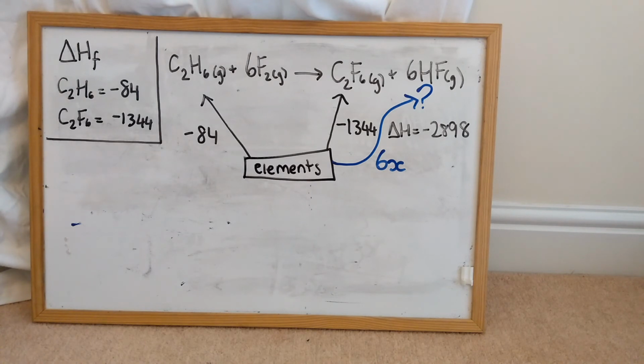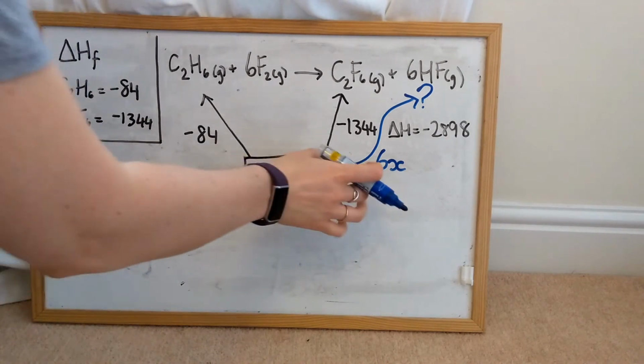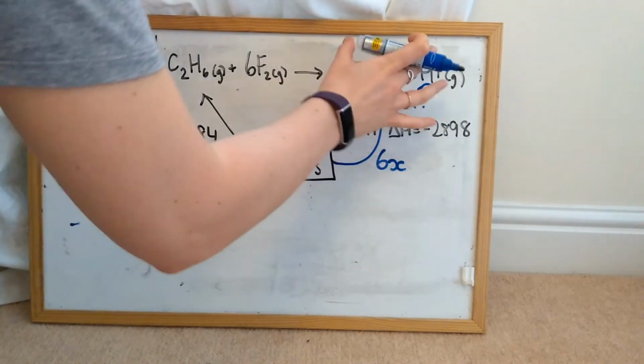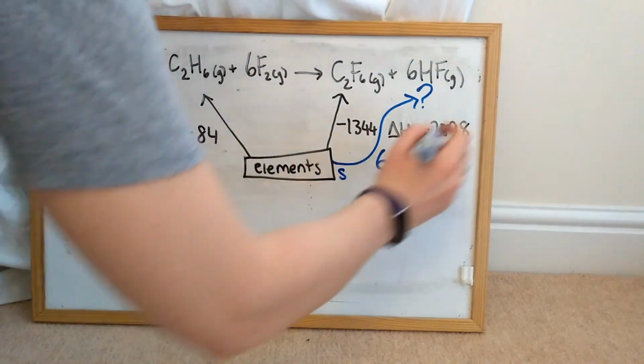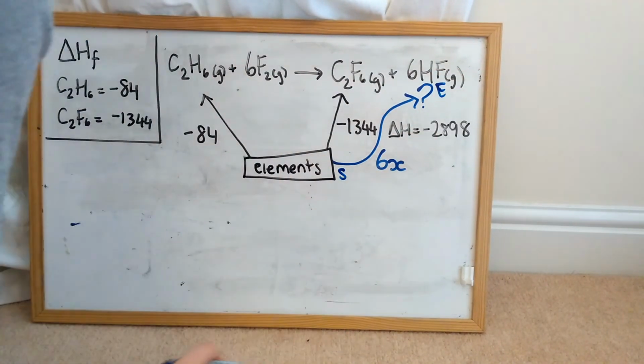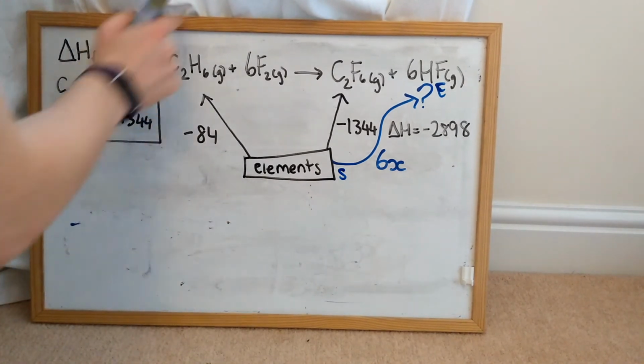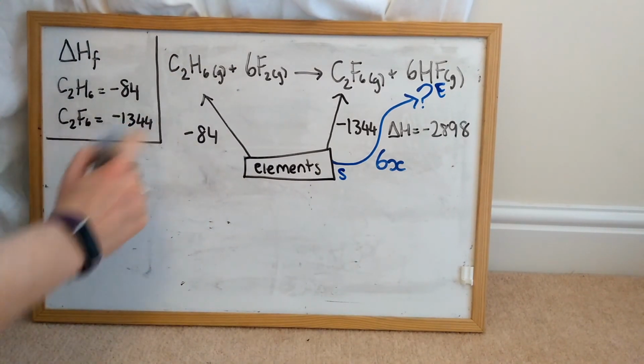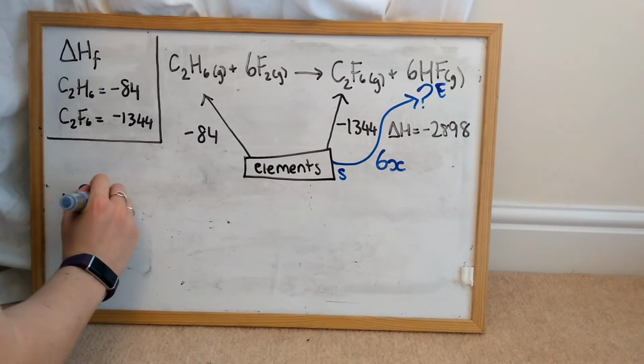So as we saw in the previous example, I can't just look at the hydrogen fluoride on its own. To start with, I'm just going to try and work out what these arrows together are. So to get from the start to the end, I'm going to go the other way around. So I'm going the right way up this arrow. So I just have minus 84 as it is.